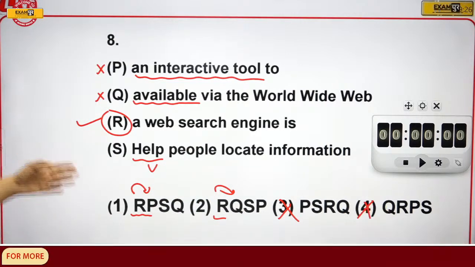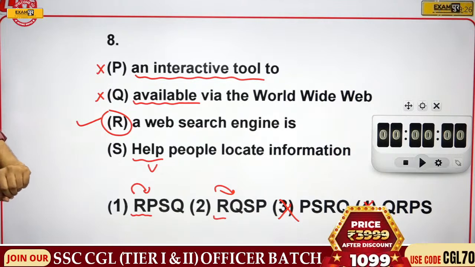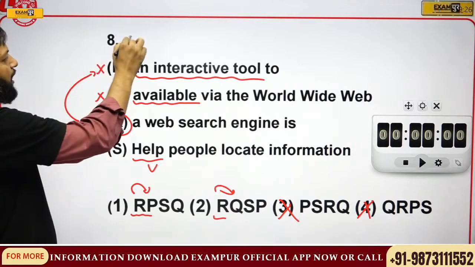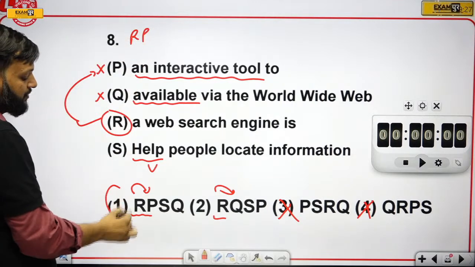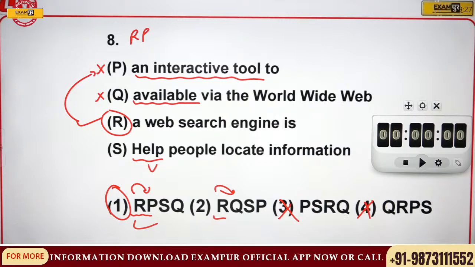So a web search engine is an interactive tool. Okay, so here R is followed by P, it means option number 1 is the right answer. RPSQ is the right answer.